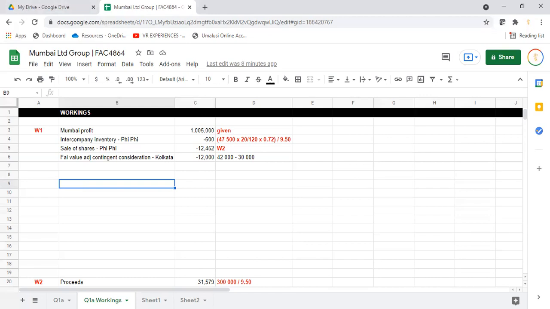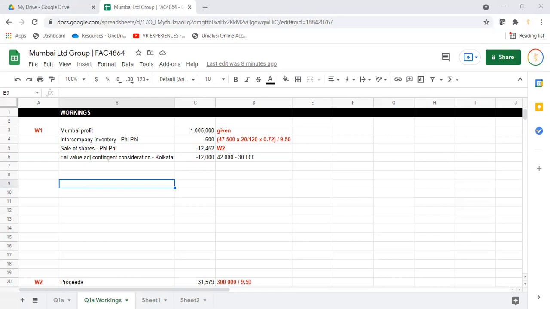Now let's have a look if there's anything further we need to do. They're saying there's interest in the preference shares, which we'll deal with just now. Here they say Mumbai sold equipment to Kolkata.